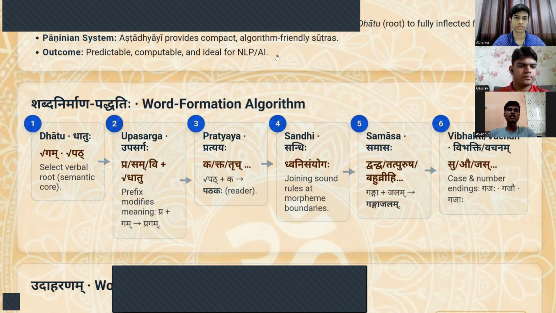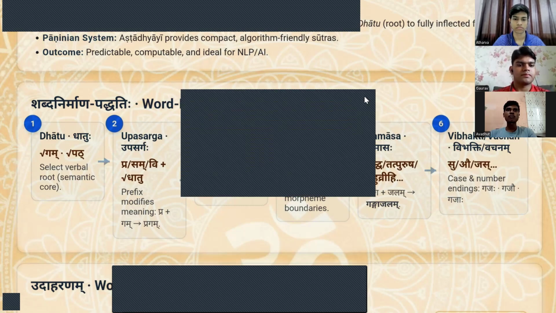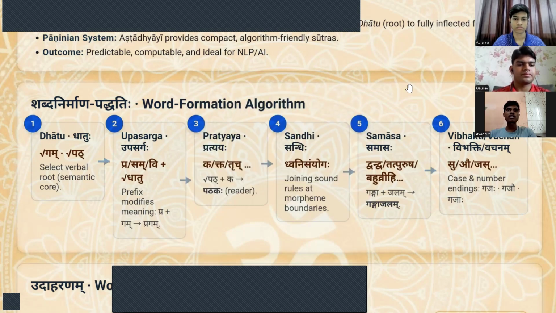The third one is pratyaya, which means suffix. A pratyaya is added after the dhatu to create nouns, adjectives, or verbs of different forms. For example, if we add the suffix to word patha, then it will give pathita, which means read.